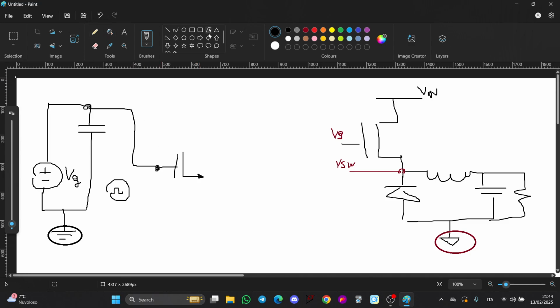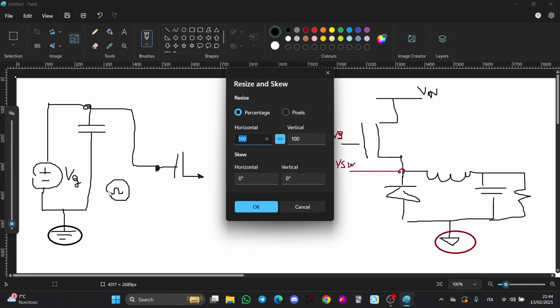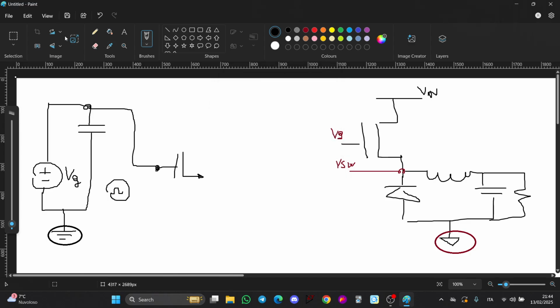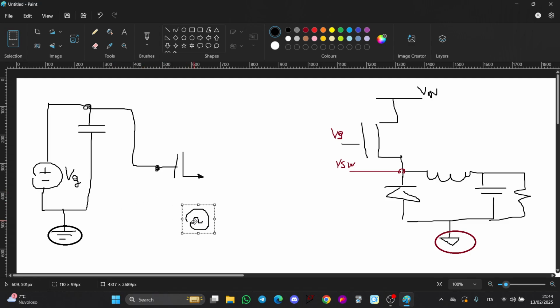So this signal here is not in the gate, but it's in the source. Why do you want to do that? Because the common gate topology is faster than the common source, because of the parasitic capacitances, and also because it is a non-inverting configuration. So when you buy translated level shifters, they probably use the common gate configuration.